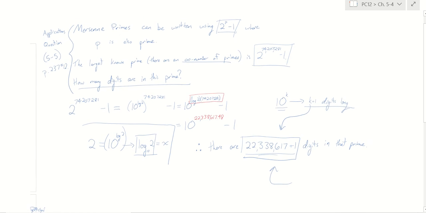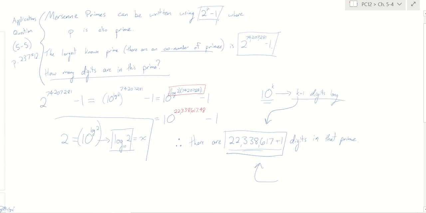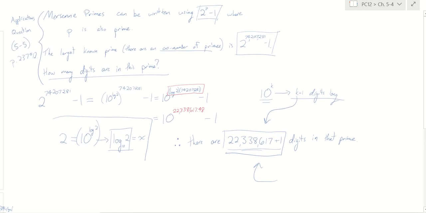So there you go. A very pure math question, a very abstract, pure math question. But it's fun to try, especially because we get to apply this sort of new change of base rule where we originally had base 2, but we knew that to figure out how many digits exist in this enormous number that our calculators can't even display, we would have to rewrite this base 2 in terms of base 10, because if we can rewrite it in base 10, then we will know how many digits we have in that number.